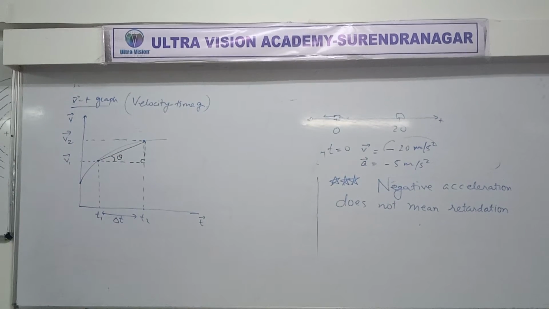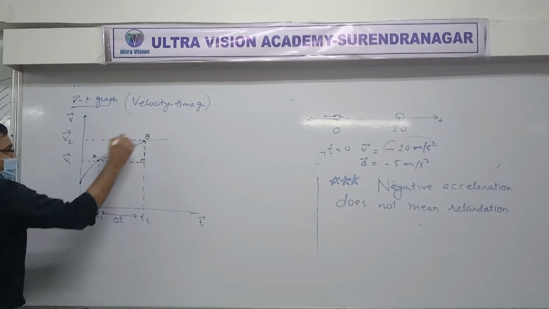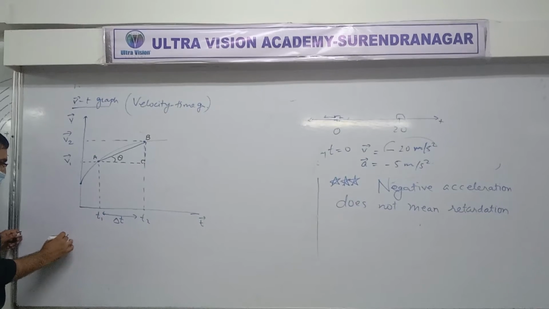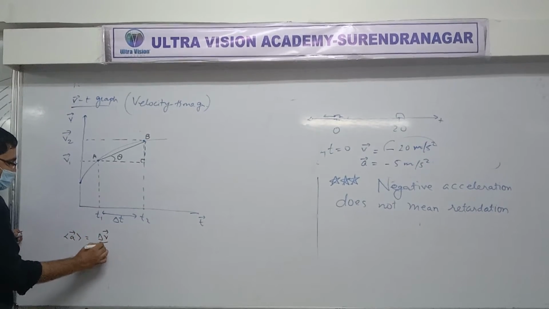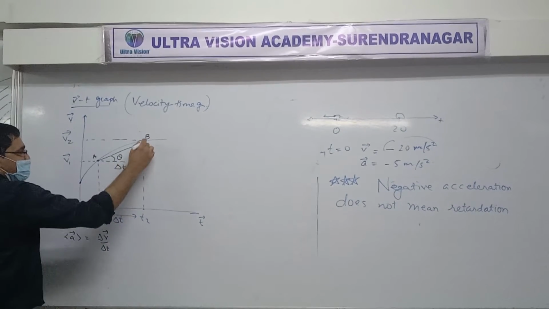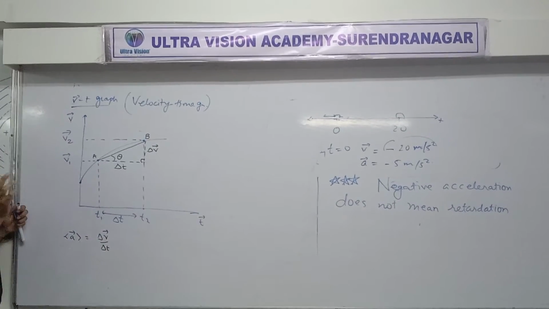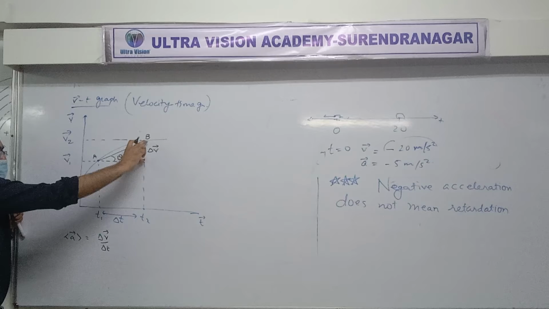If I say this is a chord AB of this graph, then I can say average acceleration is equal to delta v vector by delta t. This is delta t, of course, and this side is delta v. Clear? v2 minus v1 is delta v.